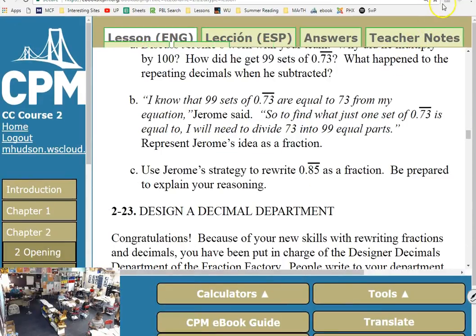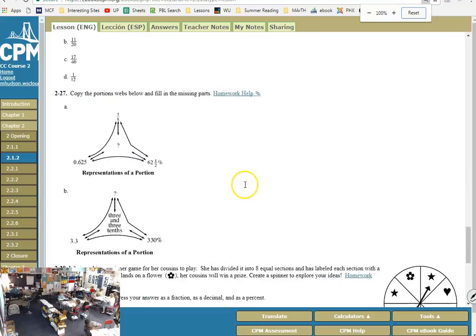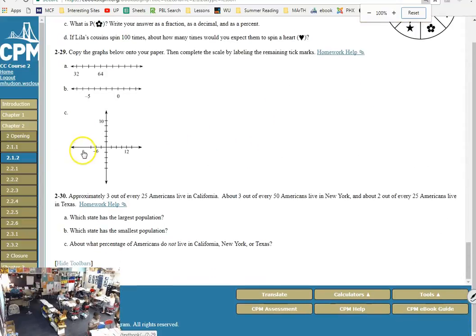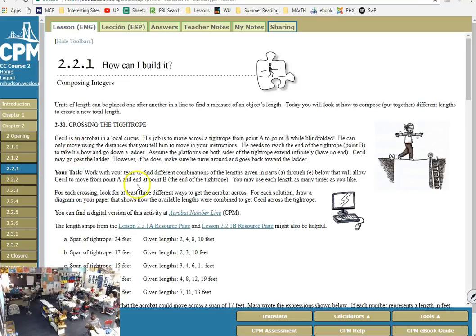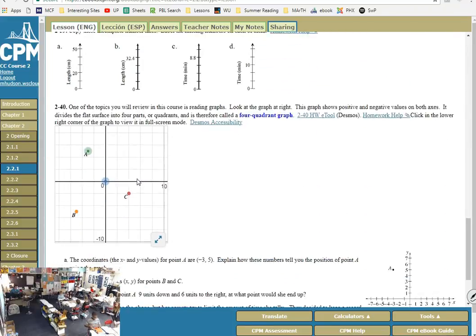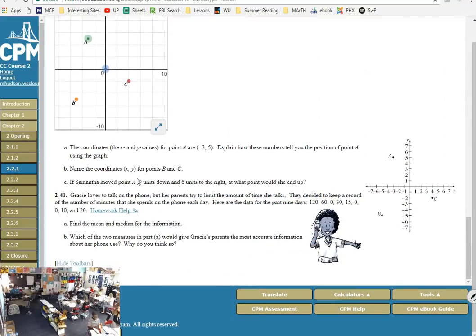Actually, I'll pull it down to this screen, might as well since we're recording. 2.1.2 was questions 26 through question 30. And if you are missing headers or dates, now's a good time to do that too. 2.2.1 for the practice was question 36 through 41.